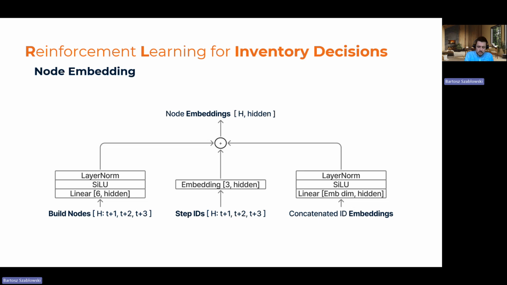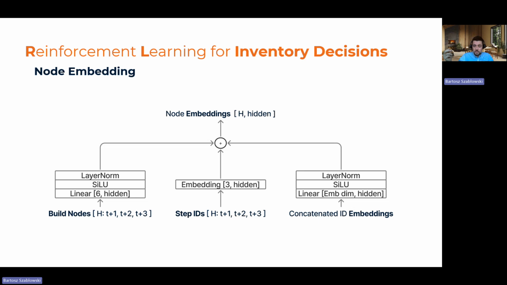It's important because, as I said, even though we have the same variables in these nodes, they are not the same. For example, starting inventory is known for node t+1, but for t+2 and t+3 it is projected. So there is some uncertainty. The same goes for in-transit.